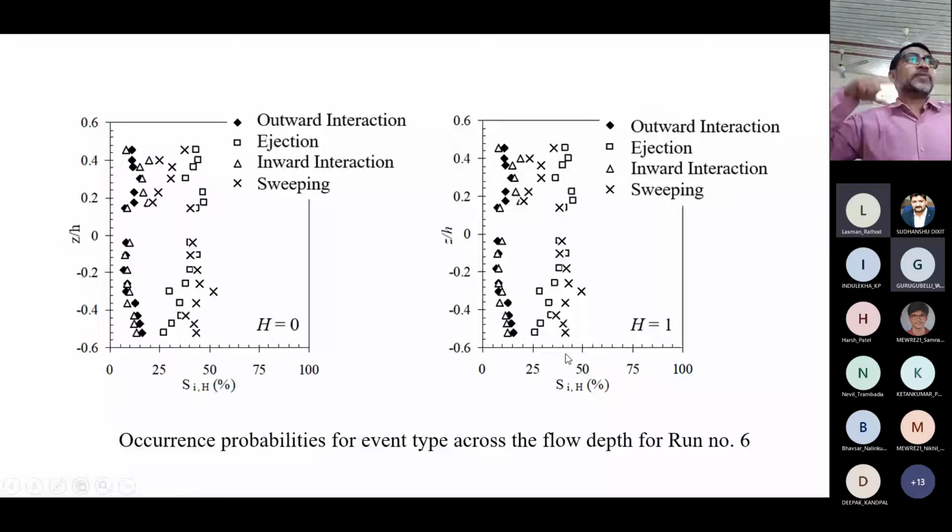So when we were discussing in the morning, what is the importance of h? For weaker events, one thing is that you consider h equals to 0 so that you incorporate all the events.